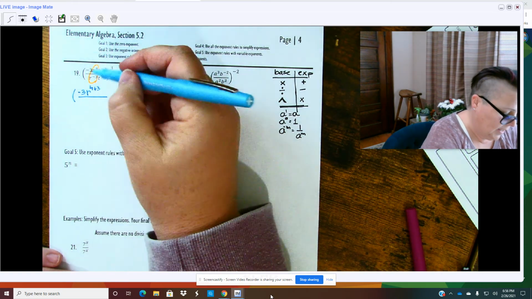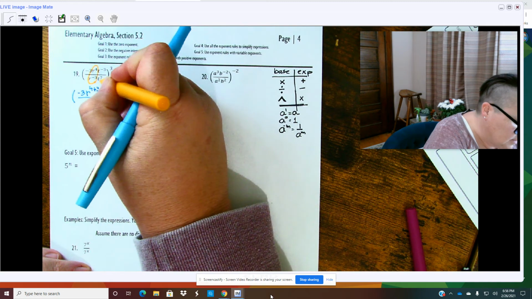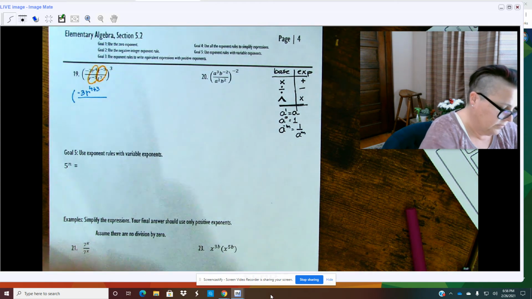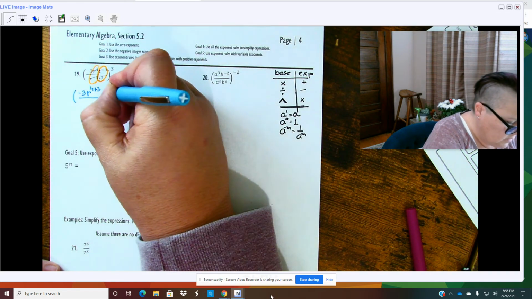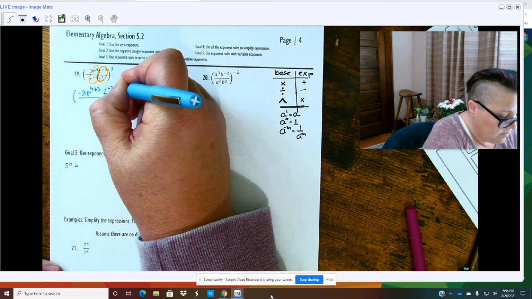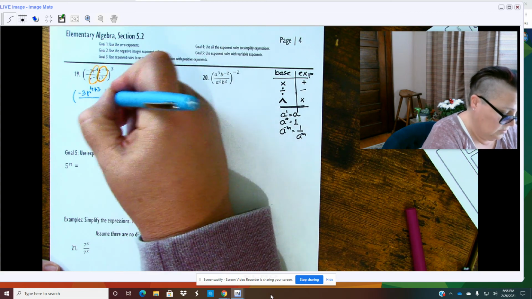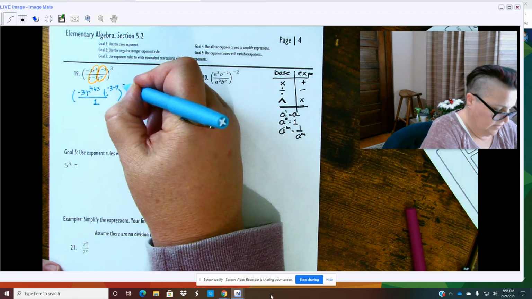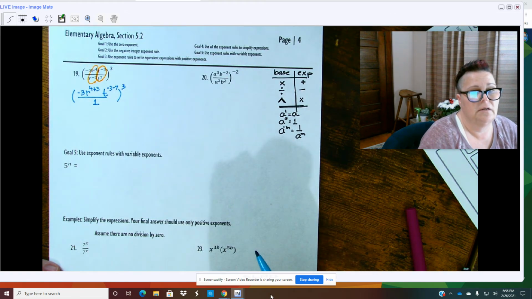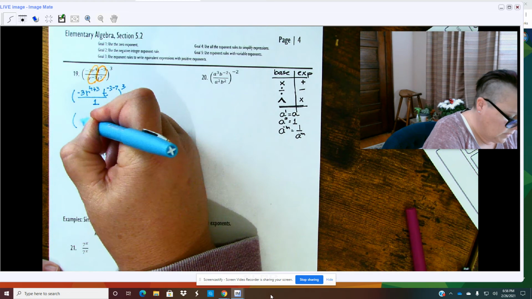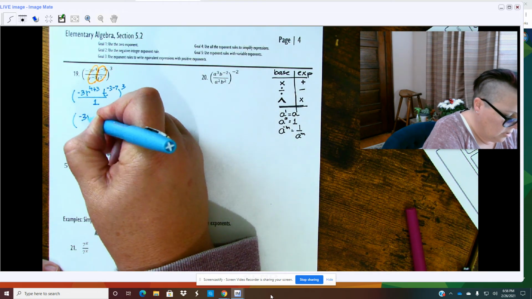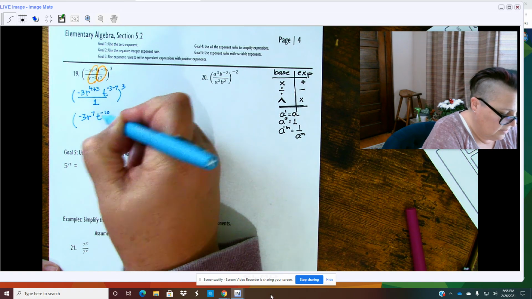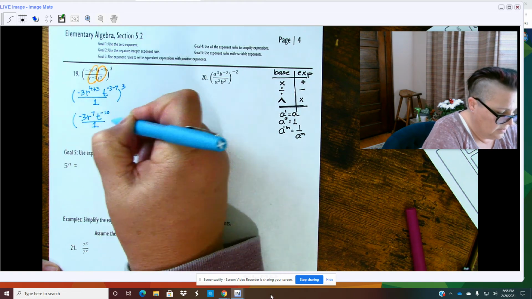Just be careful about that. And I've got t to the -3rd over t to the 7th, which will give me t to the -3 minus 7. And that technically would be over a 1. All of this to the 3rd power. Okay, that's going to be a -3 r to the 7th, t to the -10th, all of that over 1 to the 3rd.